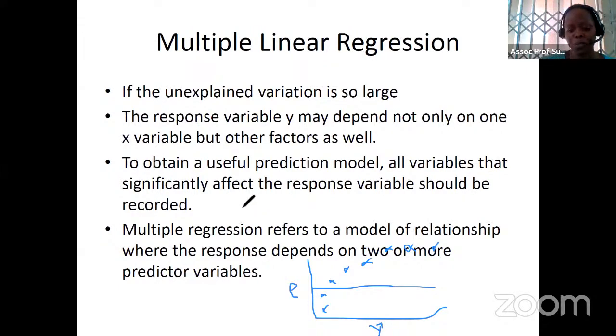Now, how does a polynomial model appear? Okay, our polynomial model has a slope.